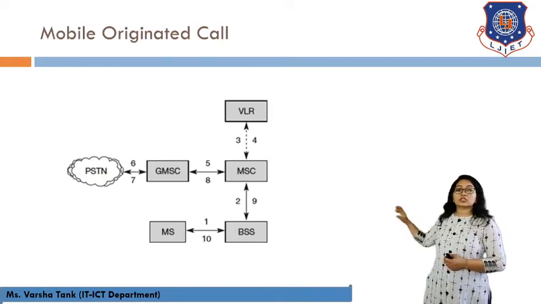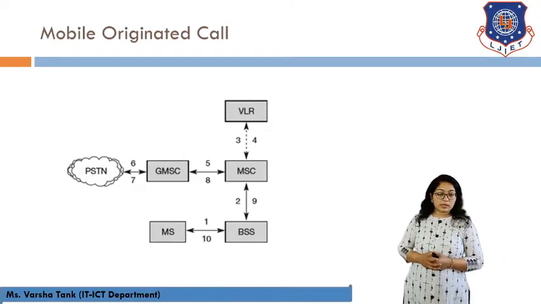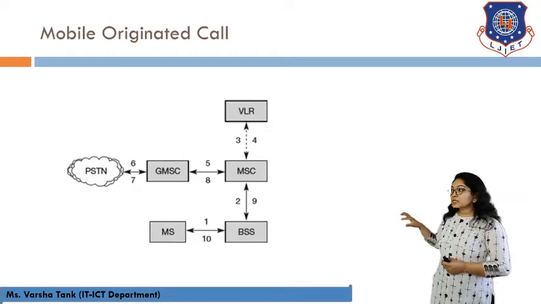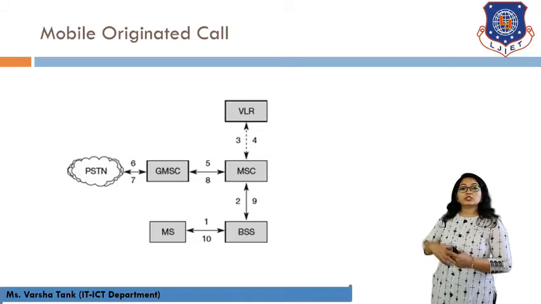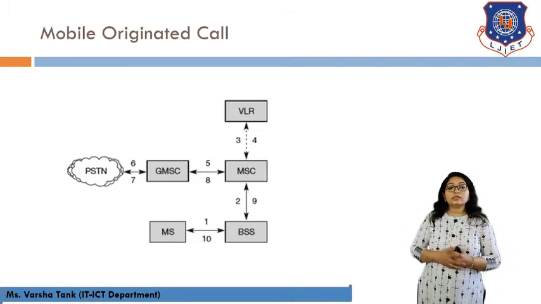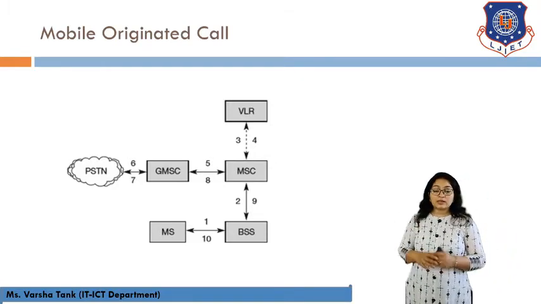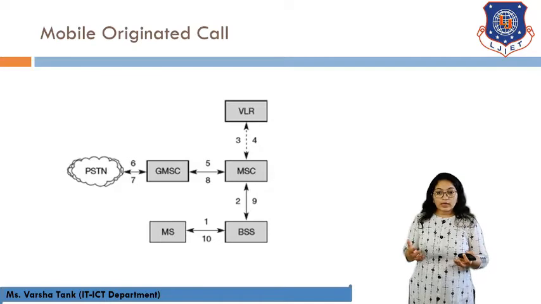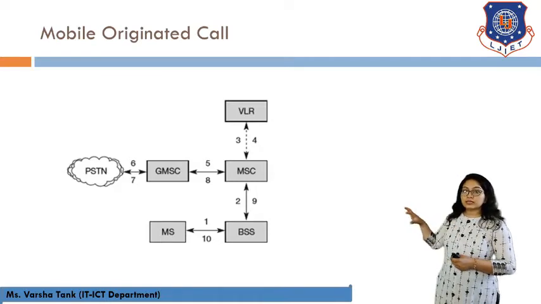Through the mobile station, your signals will be transferred to the BSS, and the BSS will send this information to the MSC. What is the main role of the MSC? It is the mobile switching center, and its main role is switching the call.